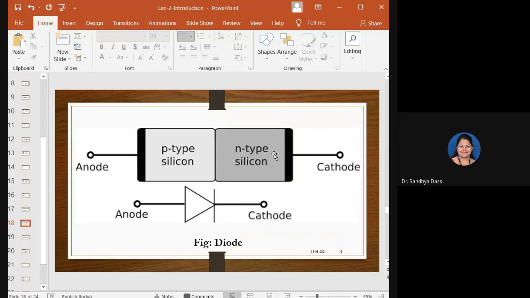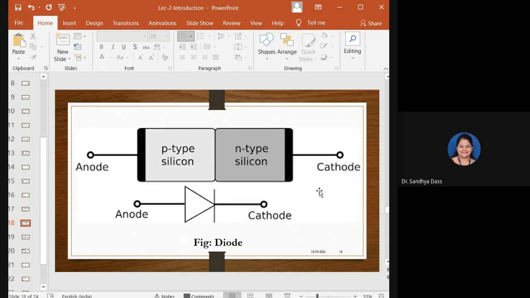So individually, there are majority charge carriers which can allow current to flow through them, right? But when they're fused together, they actually block the current. There is no free movement of charge carriers happening. So what exactly happens here?